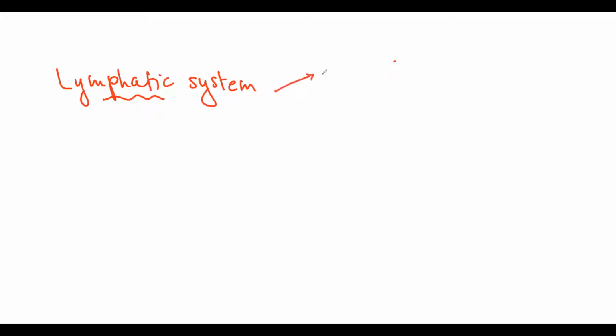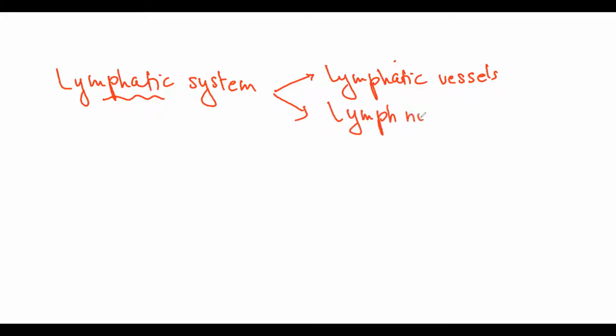The lymphatic system is formed of lymphatic vessels together with very important nodes that are called the lymph nodes. So what are these vessels and what are these nodes?